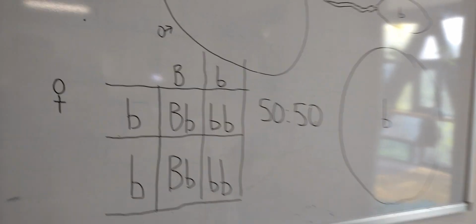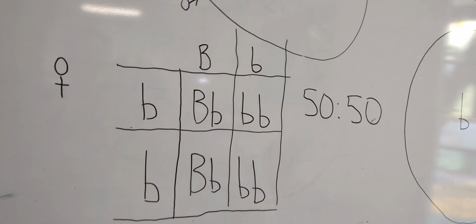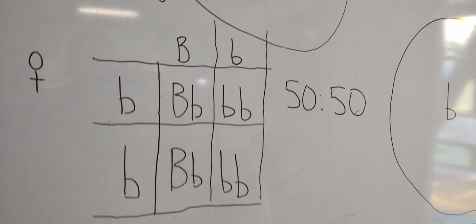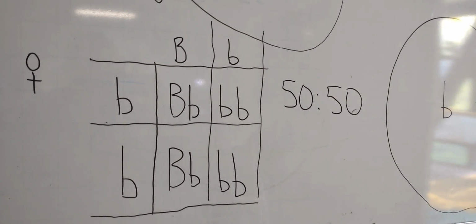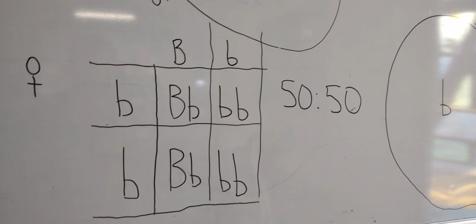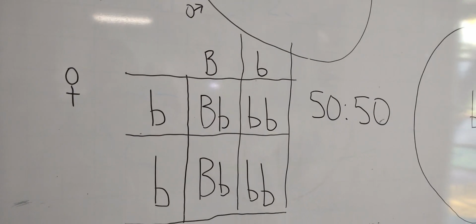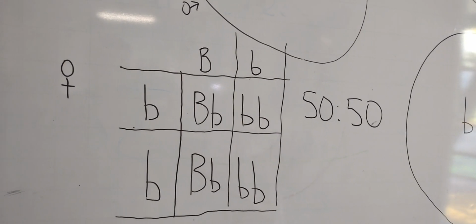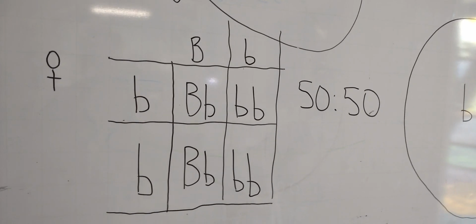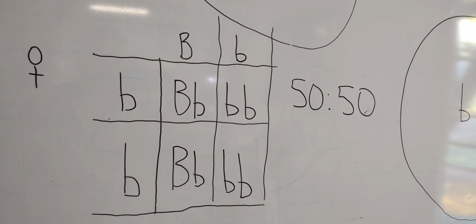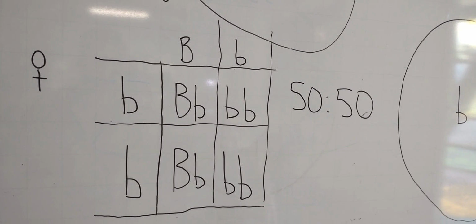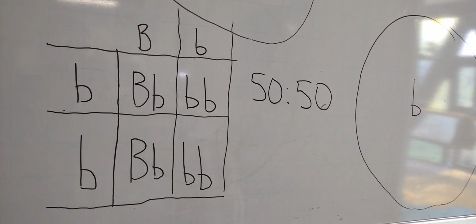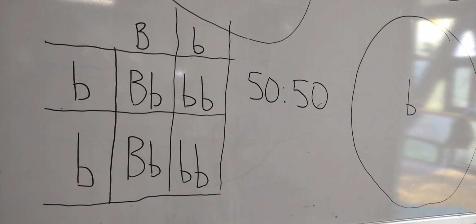So what we do is we drop the B's, move the B's over, and from this we can deduce that if a heterozygous brown-eyed parent, it doesn't matter if it's a male or a female, carrying the blue-eyed gene, has an offspring with the homozygous blue-eyed parent, then that's going to be a 50-50 chance that that baby is going to come out having brown eyes or blue eyes.